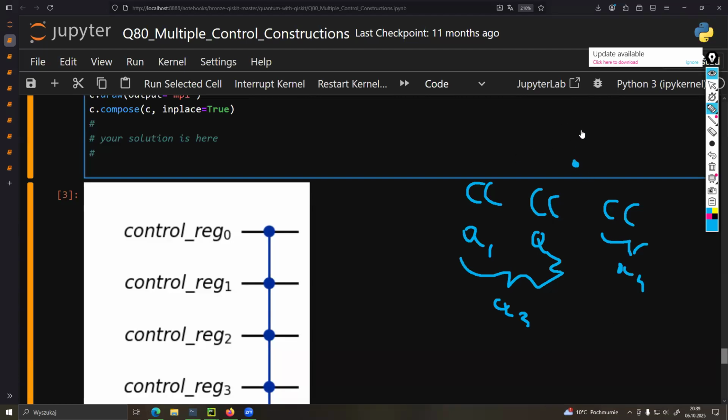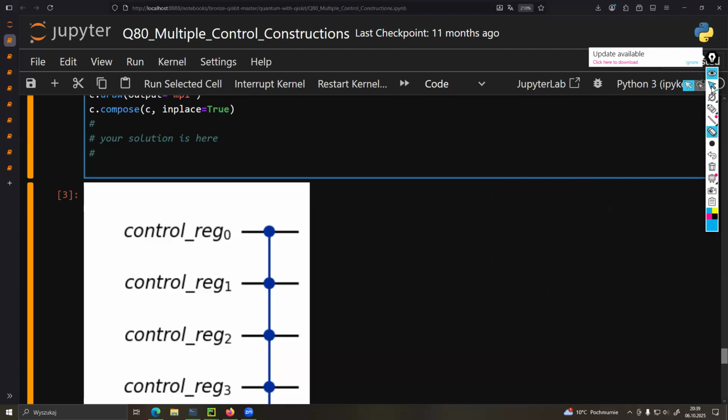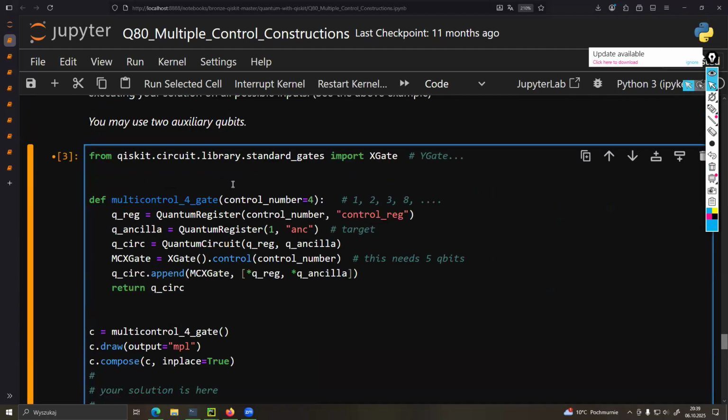I have no idea if it does it under the hood or not, but this is way easier to prepare in terms of making these gates by hand. It would be a real painful experience to do it.